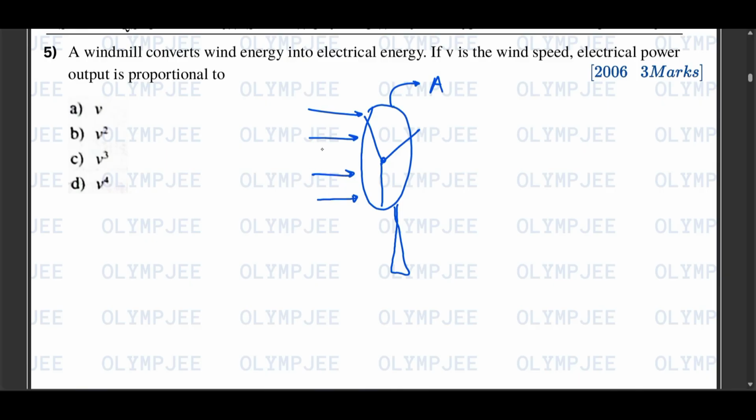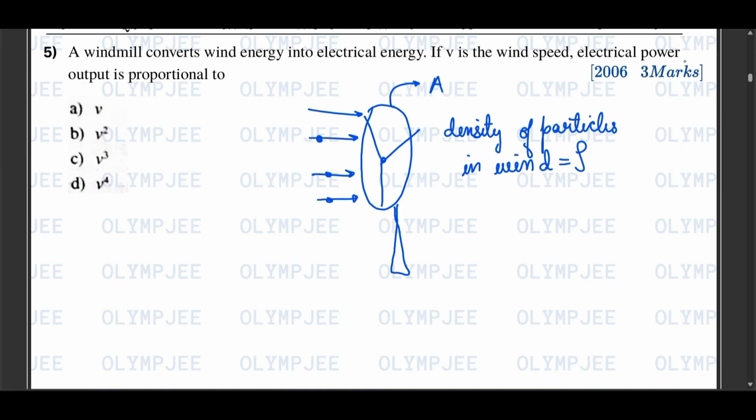So the wind will be considered of many small particles, and consider that the density of particles in wind is equal to rho, and cross section area was A.